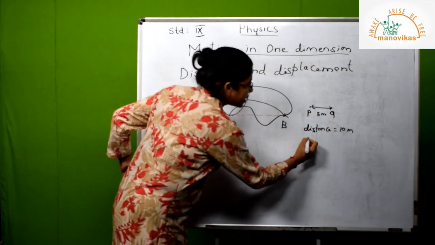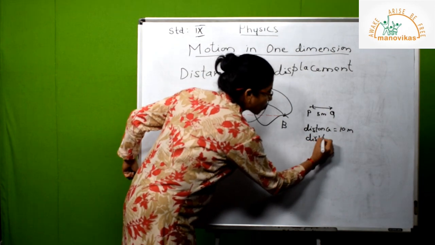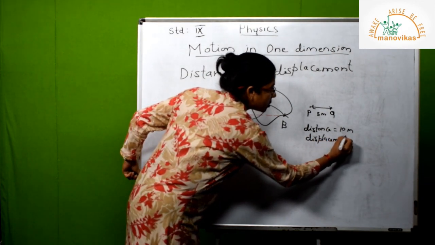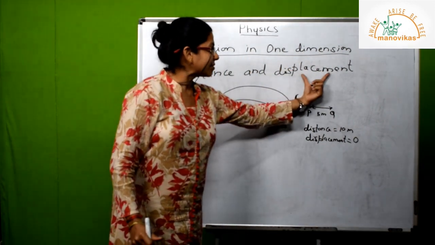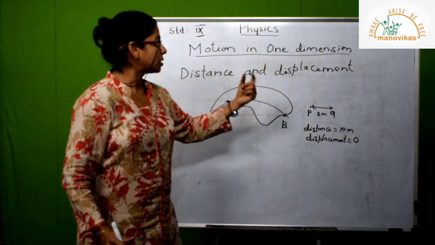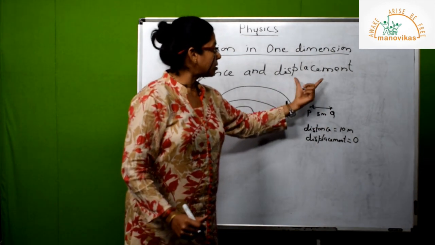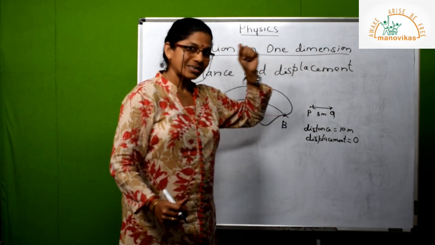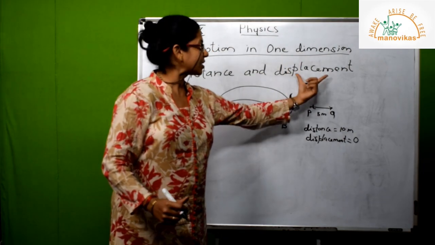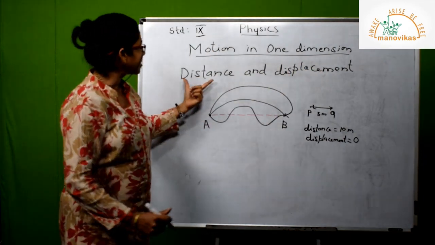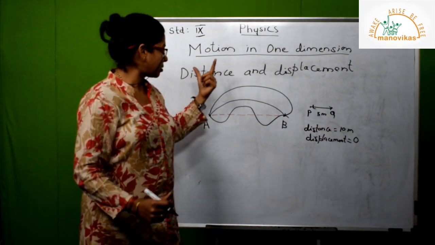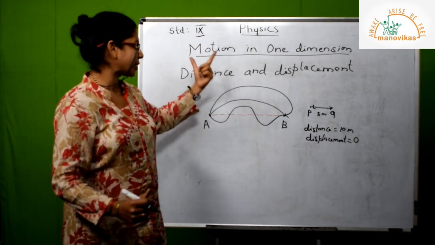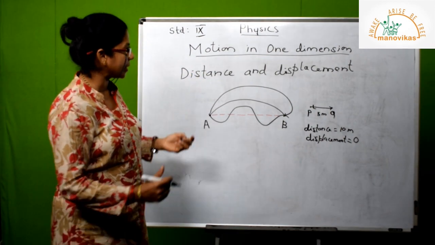So displacement is 0. Displacement is a vector quantity, so it is very important to mention the direction in case of displacement. Whereas distance is a scalar quantity, because direction is not important in this case, right?